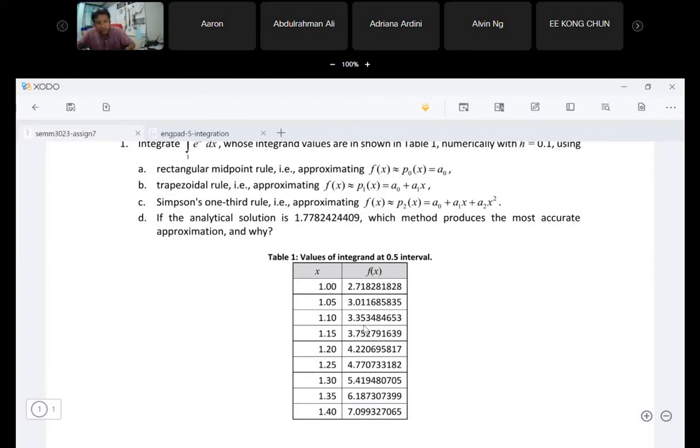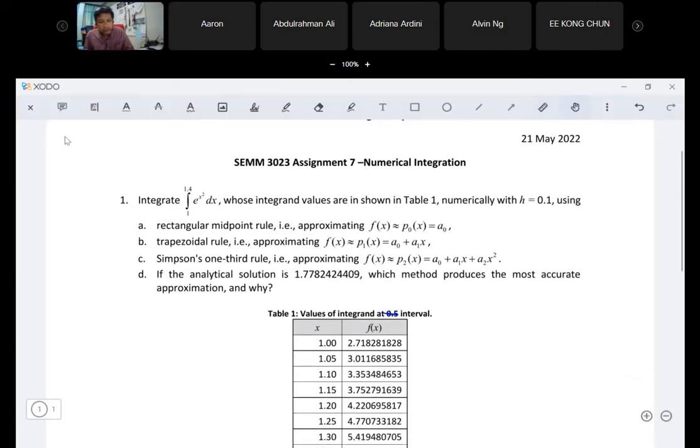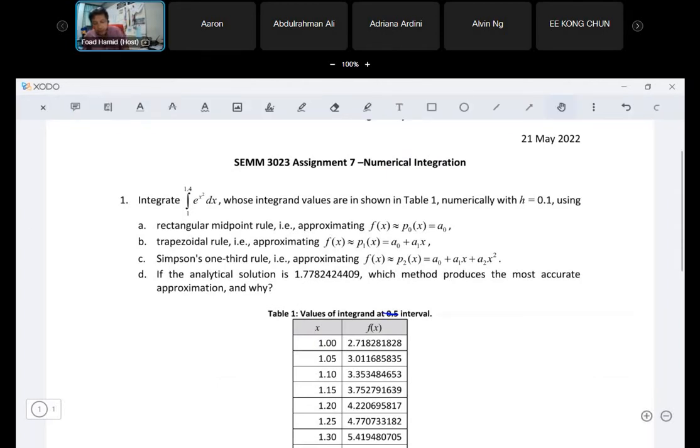Okay, so I didn't see that one. This should be 0.05 interval.